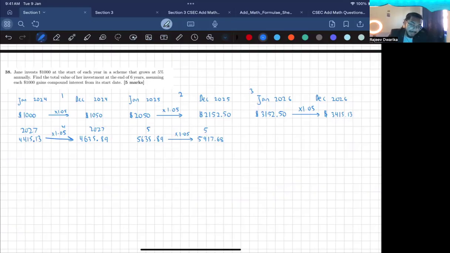And we want to go to the end of the 6th year. So in the 6th year, you'd add 1,000 to that, and that'll be 6,917.68. And you'd multiply that by 1.05.